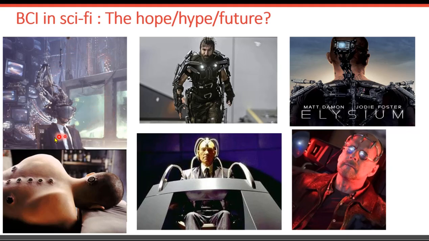Well, in these examples of these posters of the movie, we see that we have some kind of exoskeleton robot that is connected to the human brain, and then there is a direct control of these exoskeletons coming from the brain. So even here, for instance, this movie is really very interesting. I recommend you to watch, which highlights the science fiction and the idealized form of the brain-computer interface.